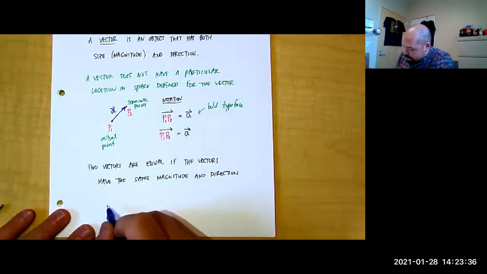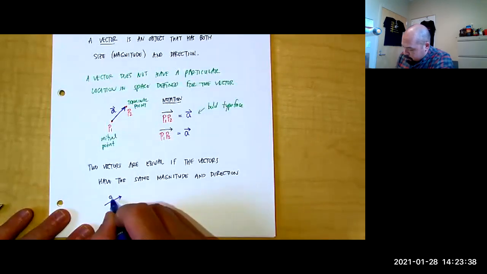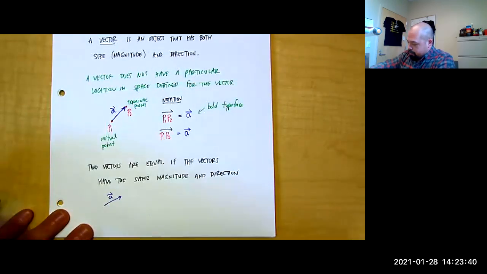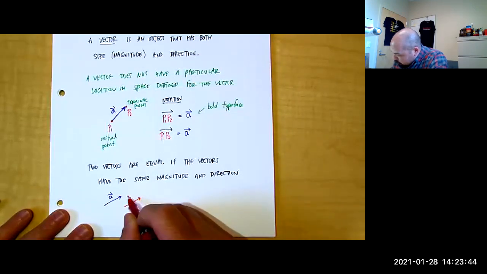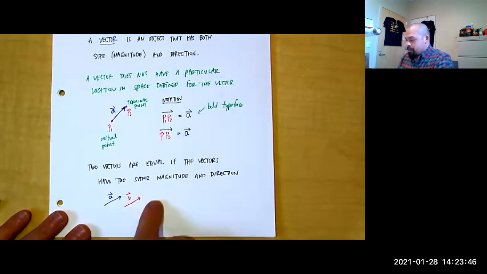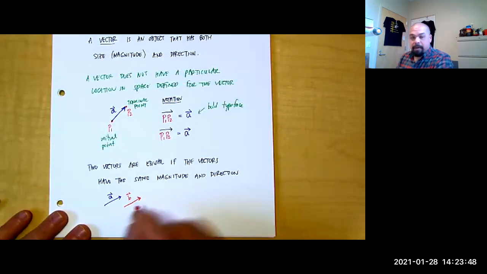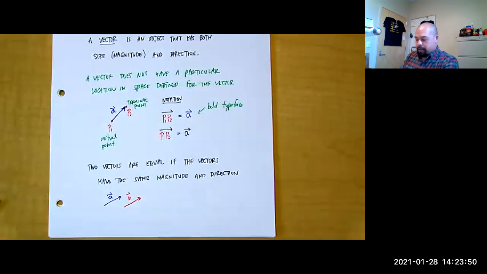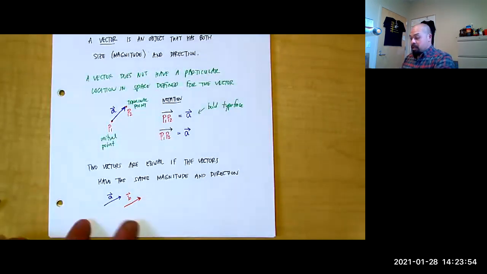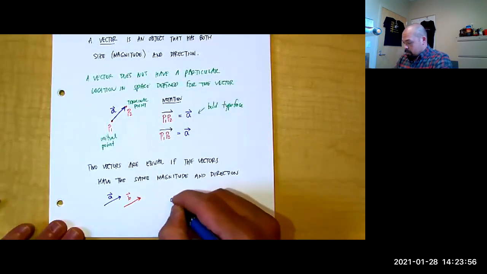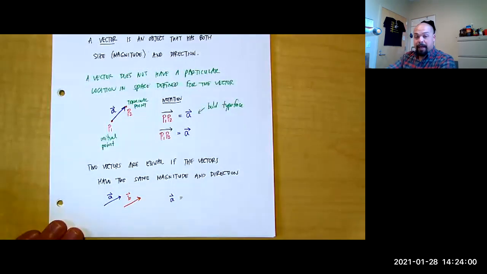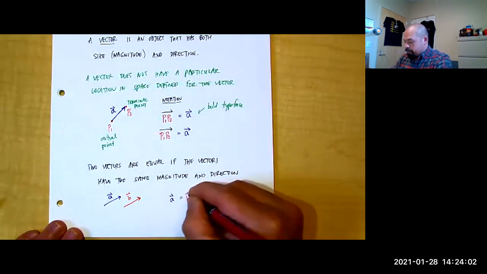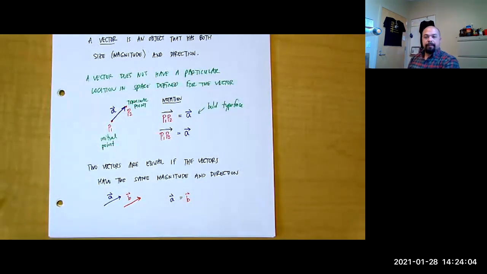Just as we saw here, we can have vector A and vector B as best I can draw it. Same length, same direction, right? They're parallel to each other. Okay. These can be the same vector. Numerically, when we start to calculate and manage with these, we'll see the values being the same.